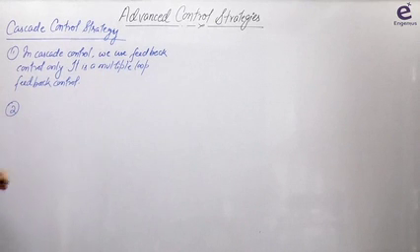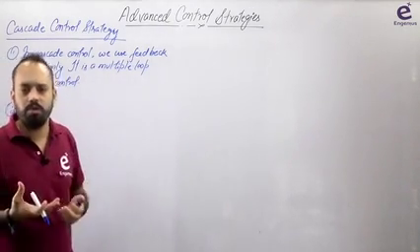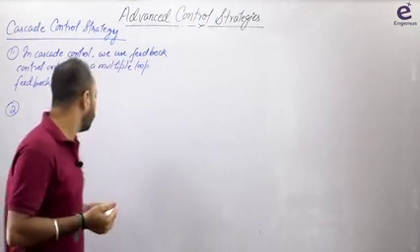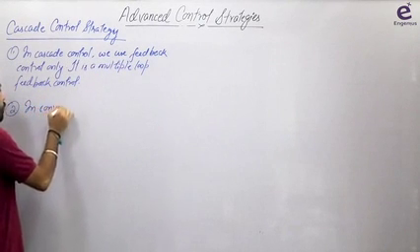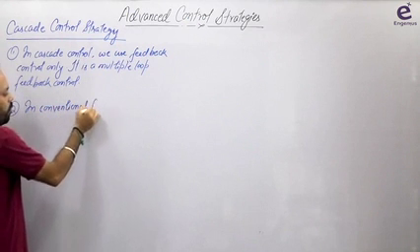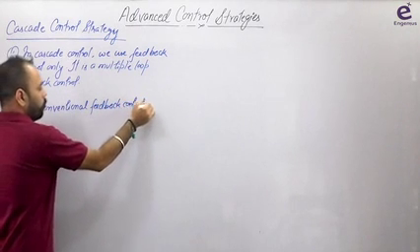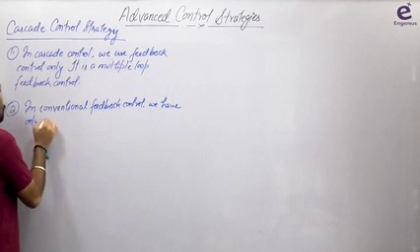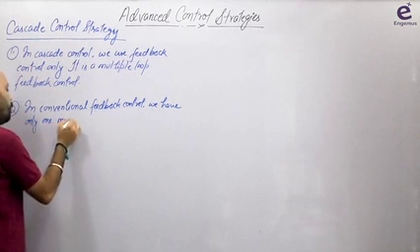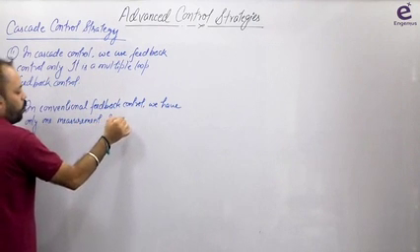In cascade control we use feedback control only, and it is a multiple loop feedback control. One more thing, if you have noticed, in conventional feedback control, these words you should be familiar with, in conventional feedback control we have only one measurement and one manipulated variable.